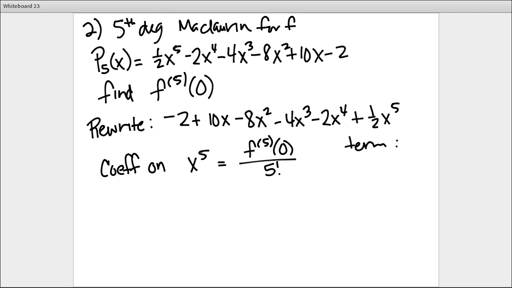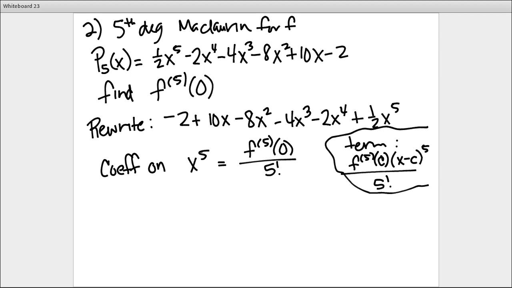Because the term for the 5th degree term would be the 5th derivative evaluated at c, which in this case is 0, and then you would have had an x minus c to the 5th power all over 5 factorial. That's how we were getting the terms, right?